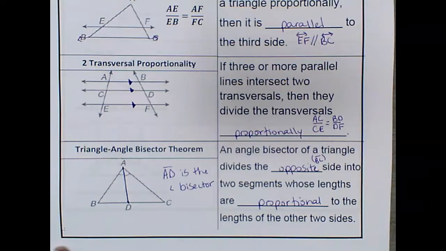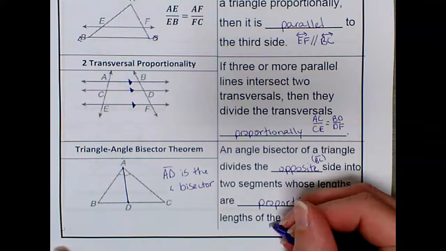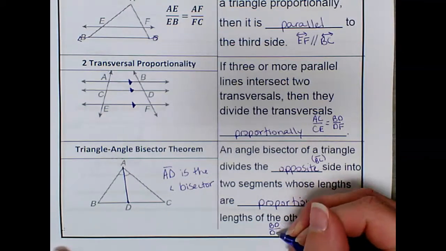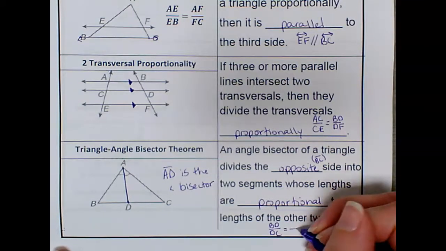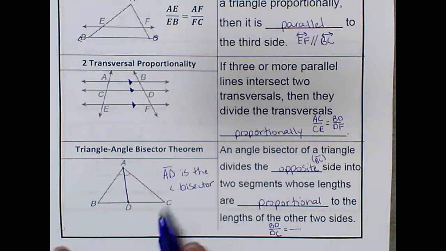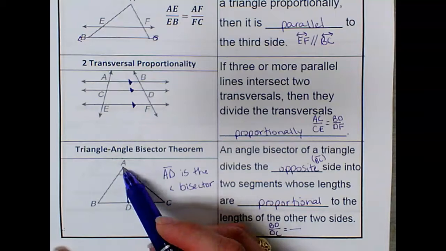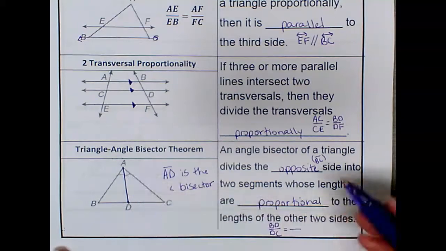So the proportion that I can create is BD over DC. That's the pieces of this opposite side. And it's equal to the ratio created by the other two sides. So AB and AC.